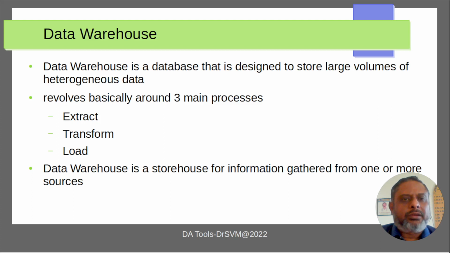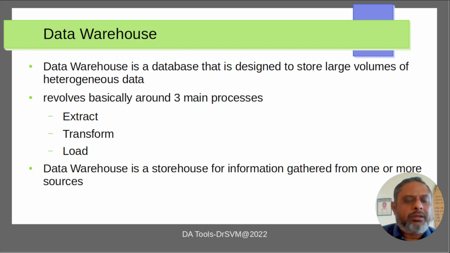The data warehouse activities revolve basically around three main processes, as the data is coming from various sources of different formats. The first activity we do is extract the data from the source, then transform it into a standard form, and finally load it onto the data warehouse.